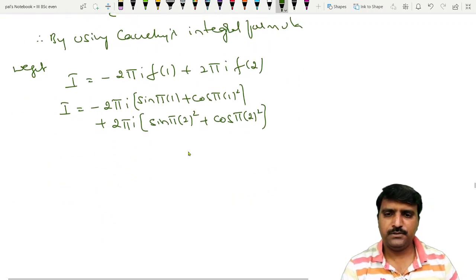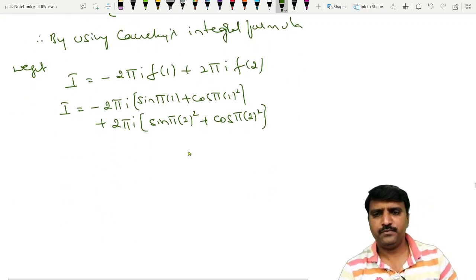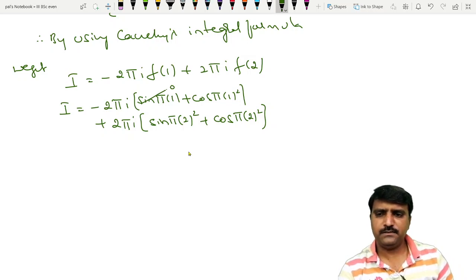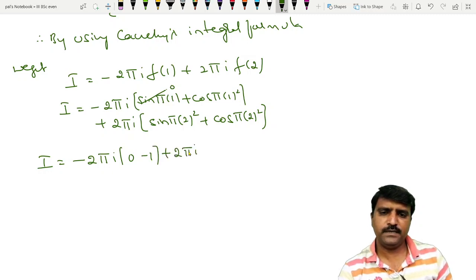As all of you know, sin pi value is 0 and cos pi is minus 1. So in the first case, I is equal to minus 2 pi i into 0 plus cos pi which is minus 1, plus 2 pi i into sin 4 pi which is also 0, and cos 4 pi is 1, so it is 0 plus 1.